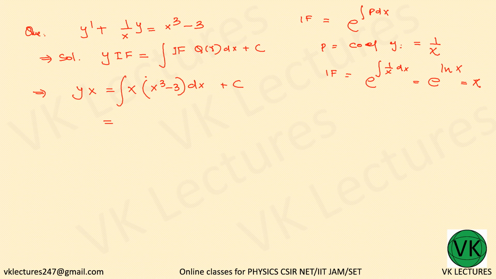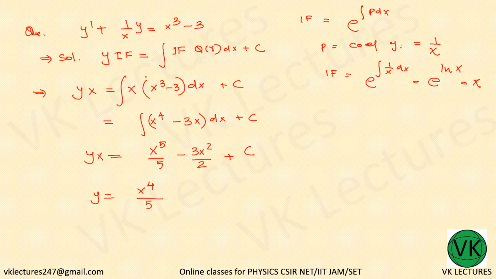So that's equal to integral x to the power 4 minus 3x dx plus c, equal to x to the power 5 by 5 minus 3x square by 2 plus c, that is y times x. So y is equal to x to the power 4 by 5 minus 3x by 2 plus c by x. So this is y.